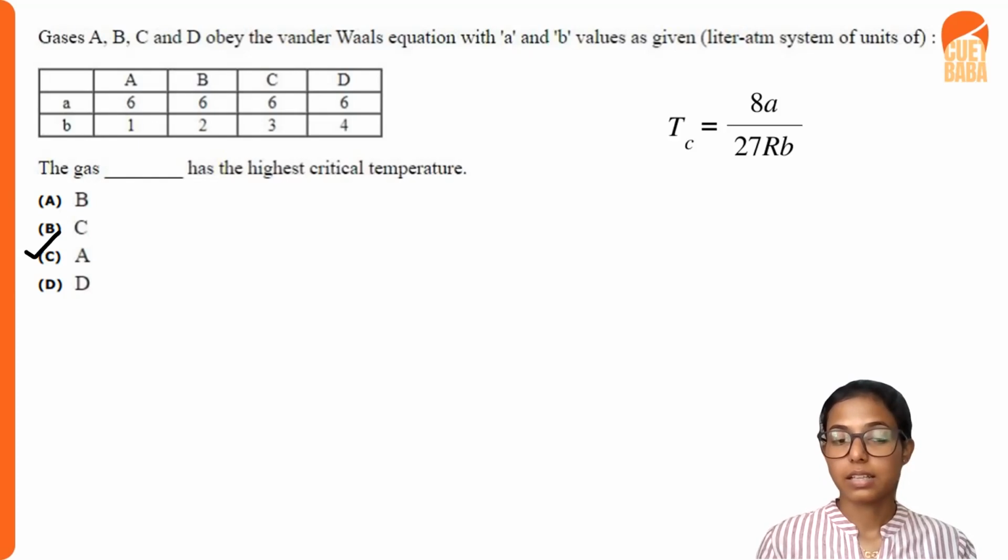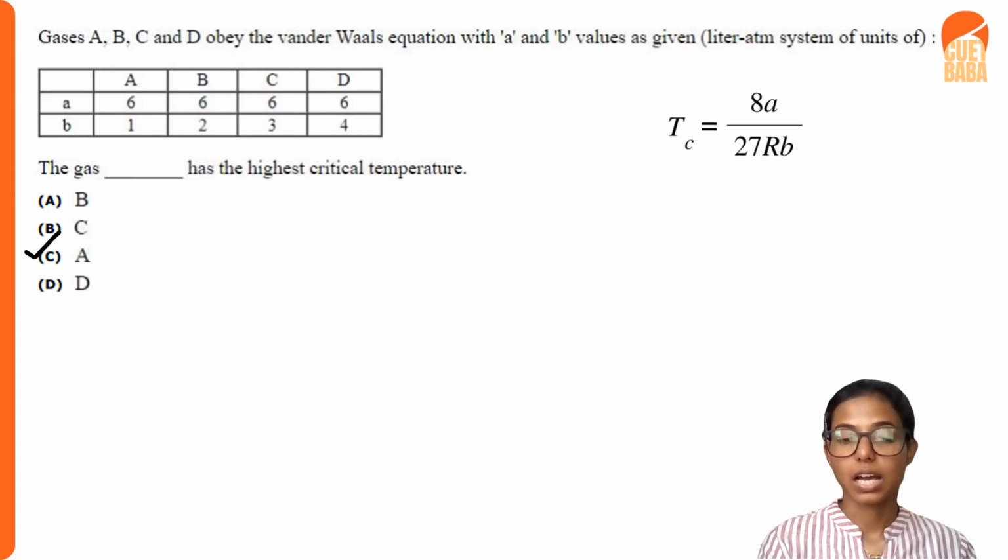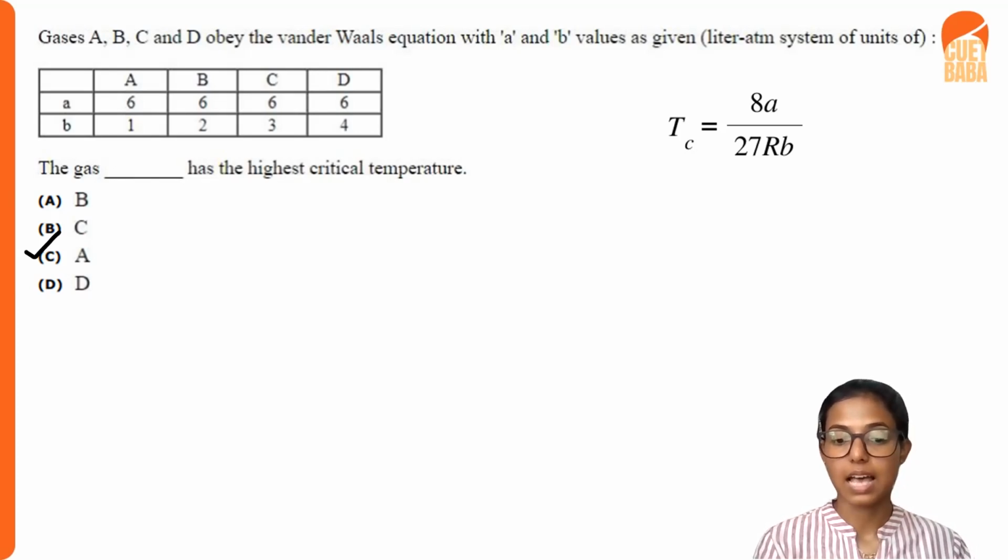So the gas that has the lowest b value will have the highest critical temperature. In the table it is seen that gas A will have the lowest b value, that is 1, compared to other gases. So gas A will have the highest critical temperature. So our correct answer will be option C, that is gas A.